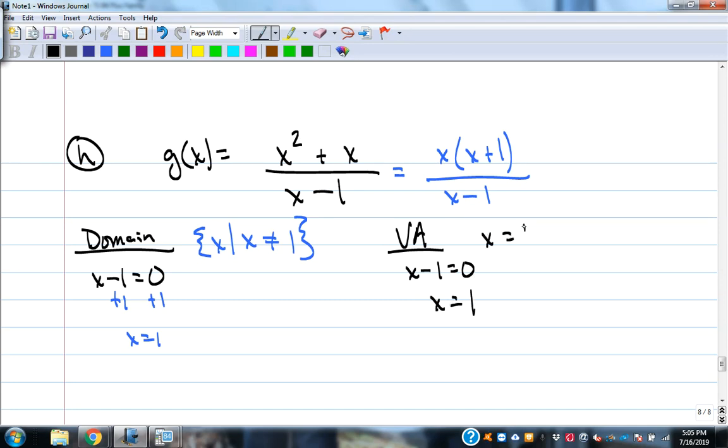So we get a vertical asymptote at x equals 1, which is the same as we found with our domain because nothing canceled. Remember, if something cancels, it's going to be part of the domain, but not all of it. This time, nothing canceled. All right. Now we can do horizontal or oblique.